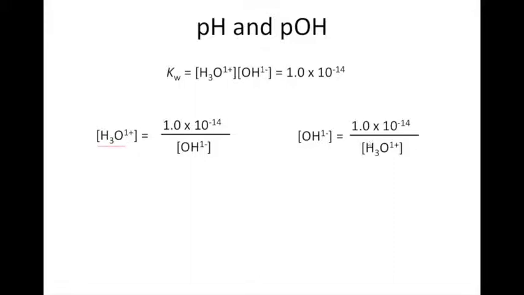If you know the hydronium ion concentration in your solution, and of course you know Kw, which is a constant, you could calculate the hydroxide ion concentration. So if you know this formula, then you can derive these two.